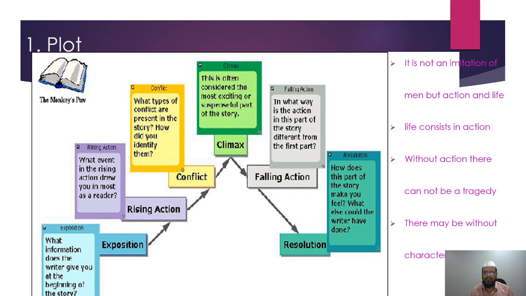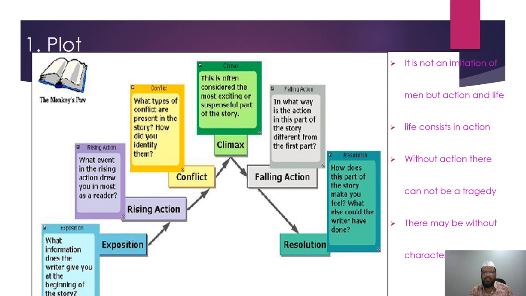And finally there is a resolution. Resolution means how does this part of the story make you feel? What else could the writer have done? So that is the end of the story. So story begins, it reaches the climax, and it falls to the point that is called resolution.